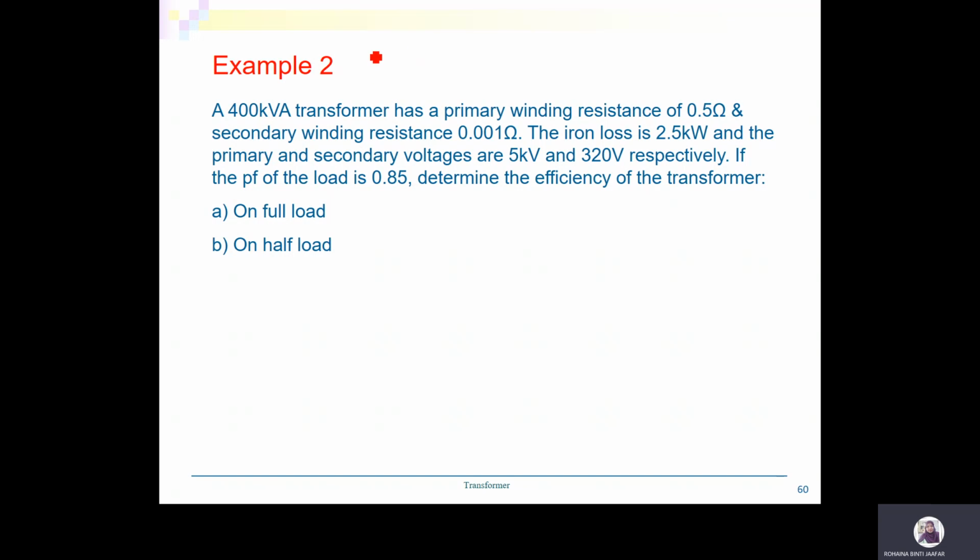So this one, please understand the analysis.